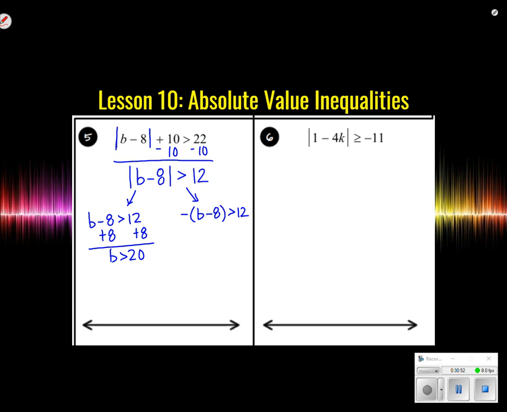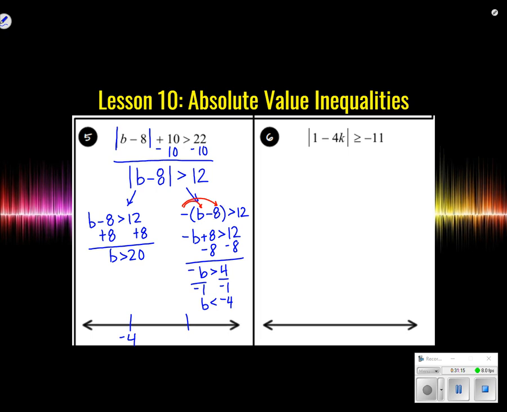And then don't forget to distribute. And then I've got negative b plus 8 is greater than 12. I'm going to subtract 8. Negative b is greater than 4. Dividing by negative 1, watch out. We've got to flip that inequality symbol. B is less than negative 4.